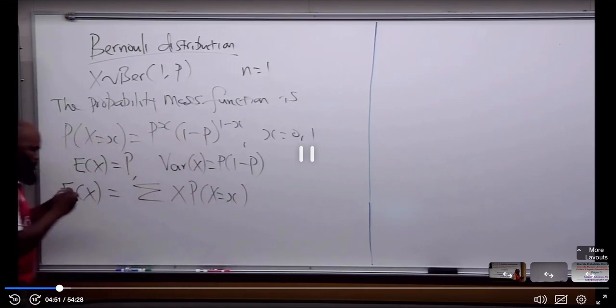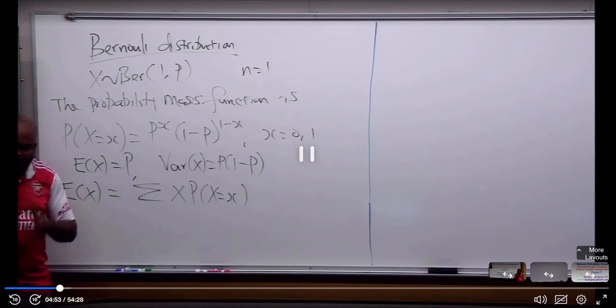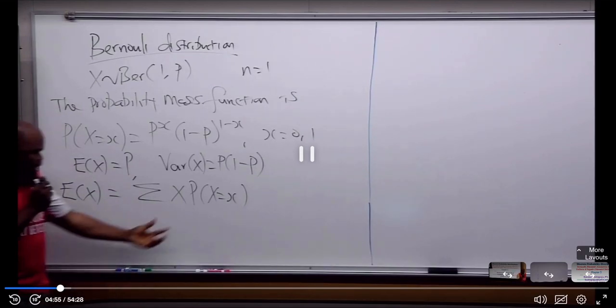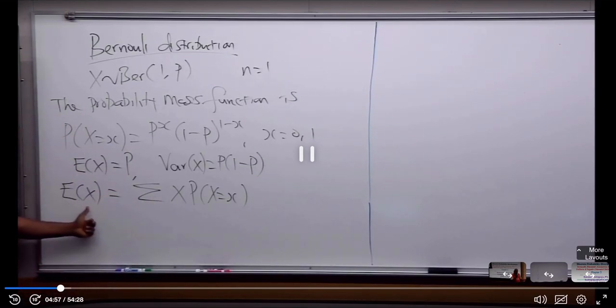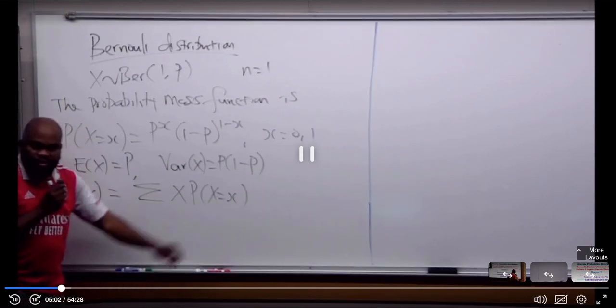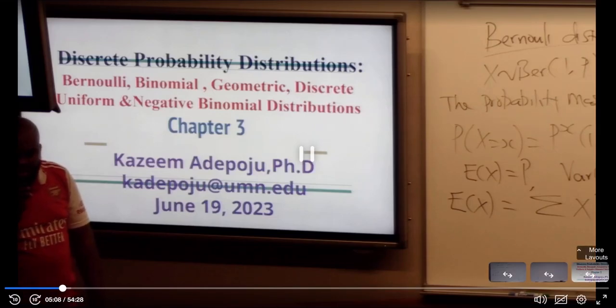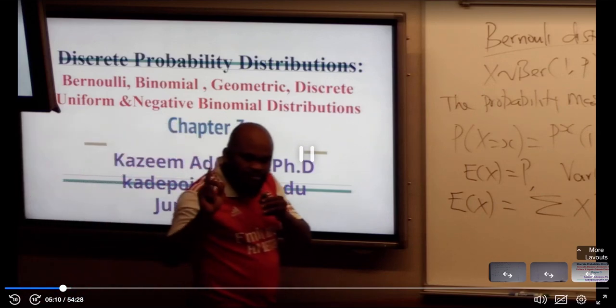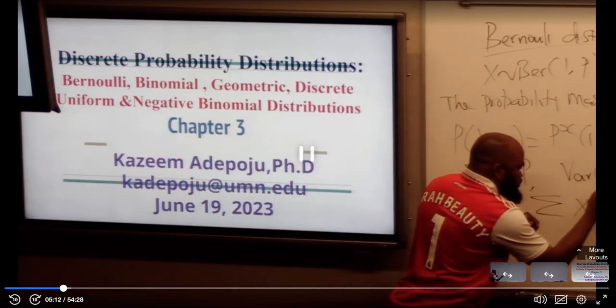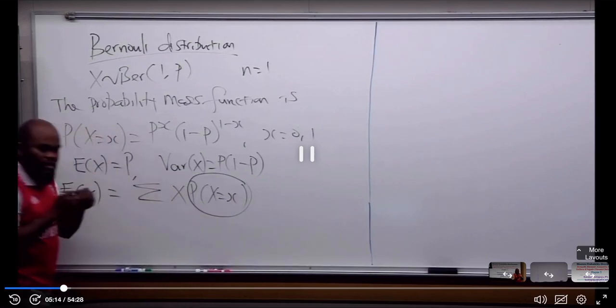Every discrete probability distribution has this formula if I want to find the expected value of X. I'm actually going to use this for Bernoulli, for binomial, for geometric, for every discrete probability distribution. But the only difference is going to be this part.